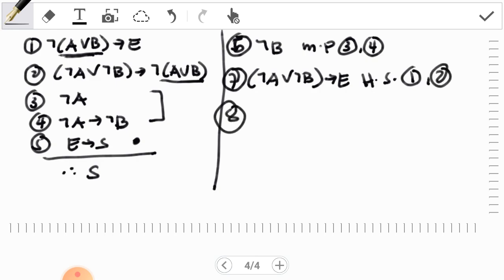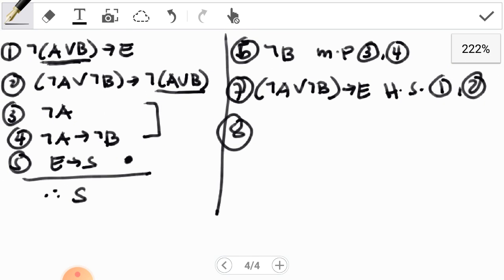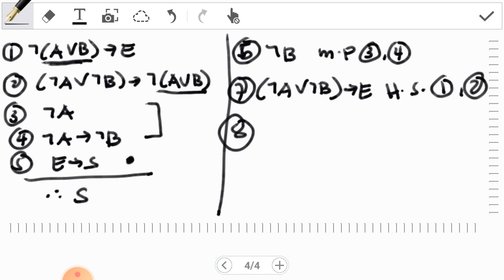Then after using hypothetical syllogism of 1 and 2, what can we do next? Okay, again, look at the resulting premise. Not A or not B implies E. But we find here E implies S. Another hypothetical syllogism.